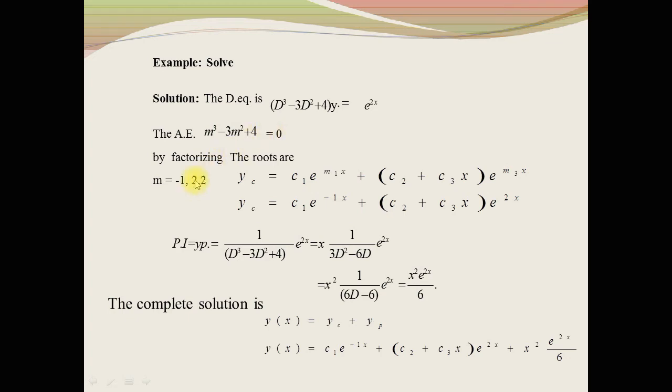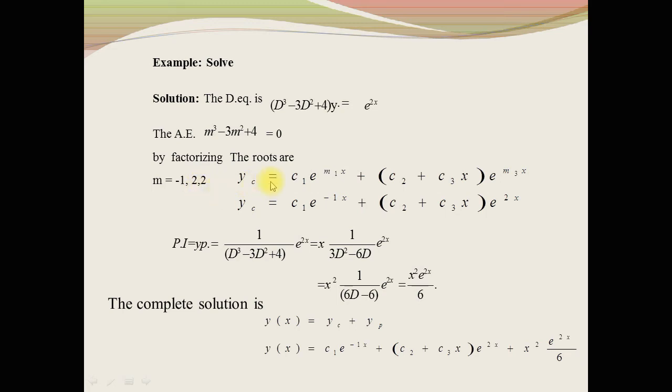Now putting again m = 2: 2^3 means 8, and 4 is 12, and 2^2 means 4 multiplied by -3 is -12, plus 12 minus 12 is equal to 0. So the other roots will be repeated, like -1 or 2. Either -1 is repeated or 2 is repeated. So this equation has three roots: -1, 2 and 2.